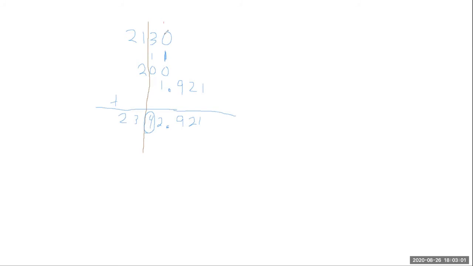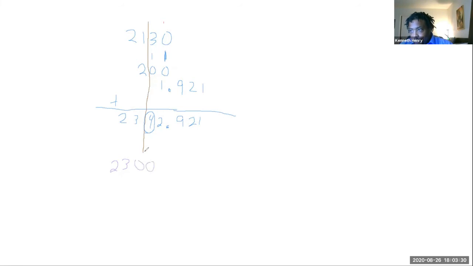No. So we leave it as the 3. So then we have 2, 3, and then everything else after that becomes 0. We won't put our decimals because we're not sure about this. These are all kind of questionable. And that would be my answer.